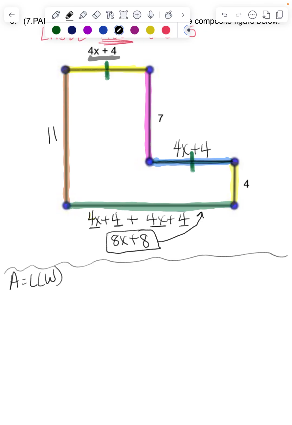The problem is we've got to find the area of two different rectangles. I'm going to separate these two rectangles right here so that I can have a length and a width for two different rectangles. So if you look right here, this rectangle, and I've got this rectangle.